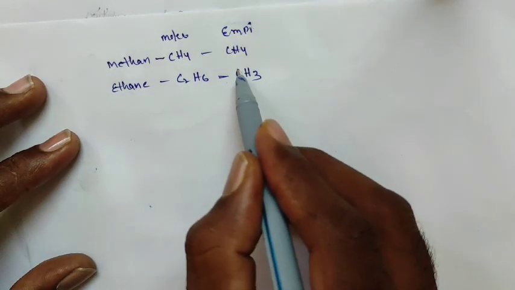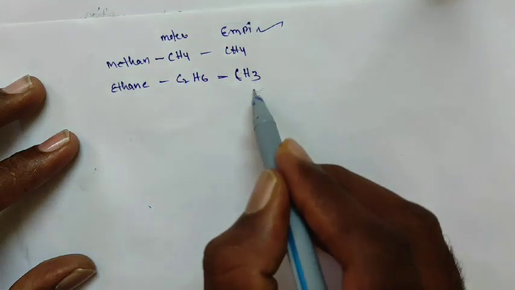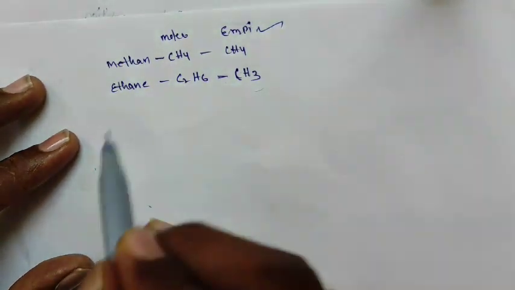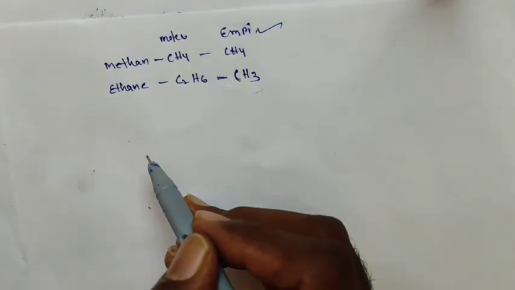The empirical formula is only the simplest ratio. The actual number of atoms present in a molecule is known as the molecular formula.